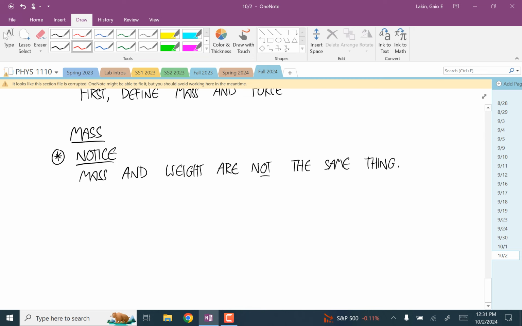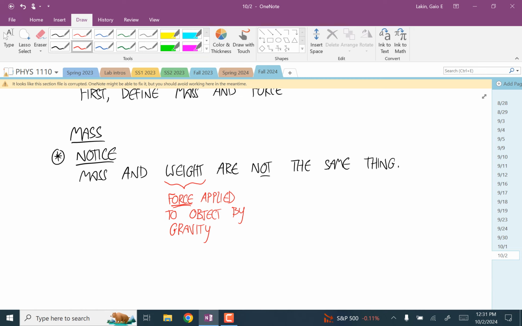So weight is the force applied to an object by gravity. And so the key is weight is a force. Mass is not a force. Mass is mass.